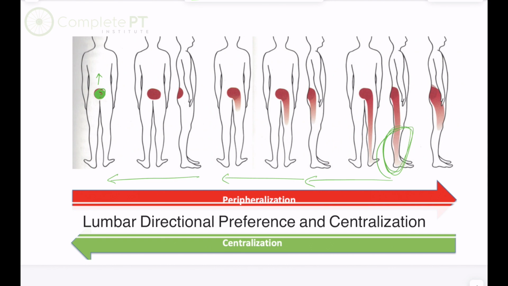Now, the opposite is peripheralization. With peripheralization, they might even have a decrease in low back pain or just no effect, it doesn't change, but they are increasing the distal symptom. And that could be anything from pain or numbness and tingling, whatever it is.